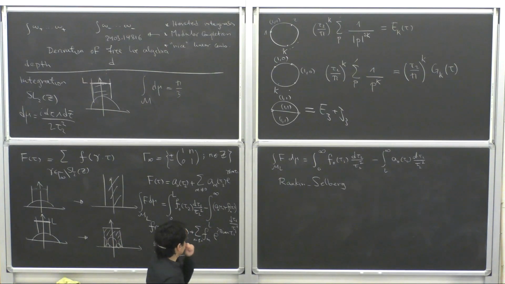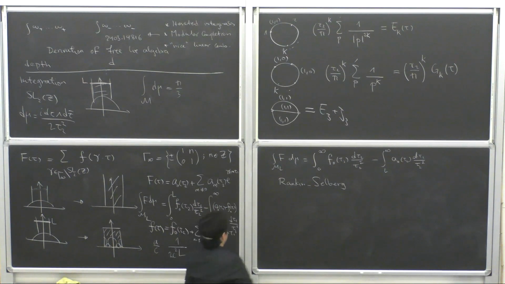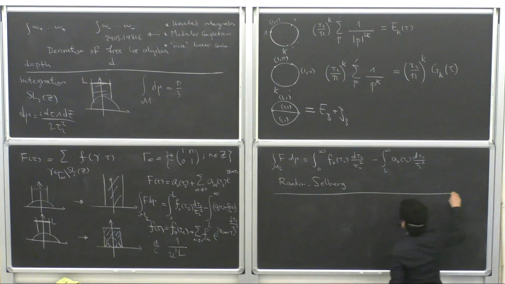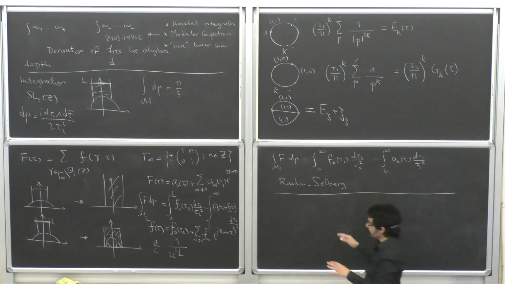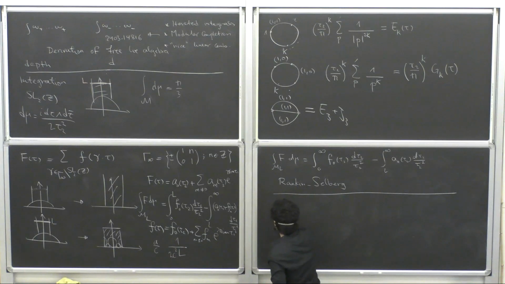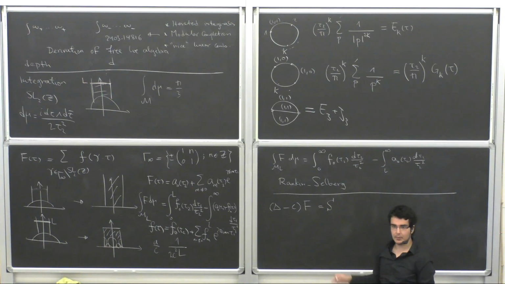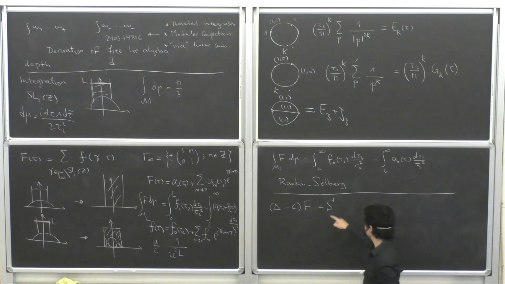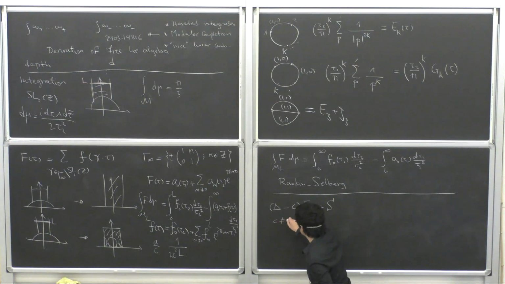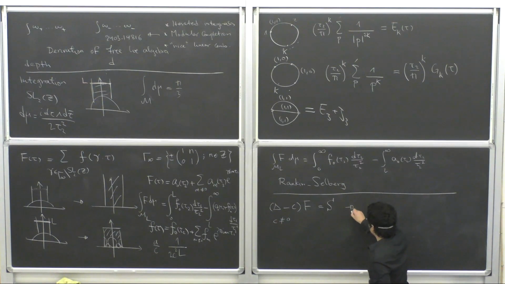The other method that we have is to ask for something else. Let's say that I also have a Laplace equation for f with some source that I write as s. If I have a Laplace equation like this, where c is not 0, then I can use Stokes' theorem.